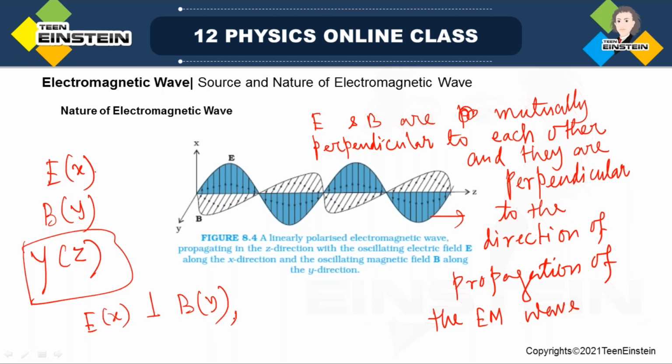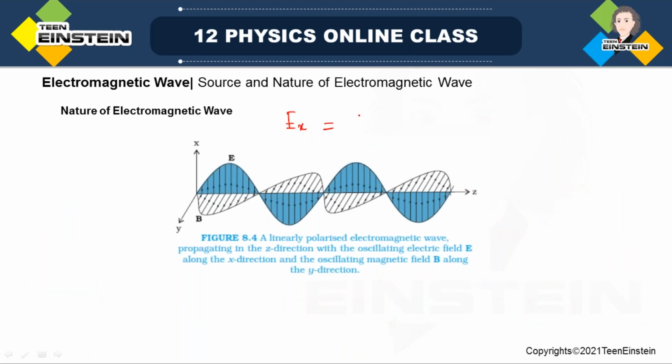And this is very important. This particular point is very important. You have to remember it, because you will be able to solve numerical problems from this point. I'll just give you the equation for this electric field, because it is oscillating along the x direction.